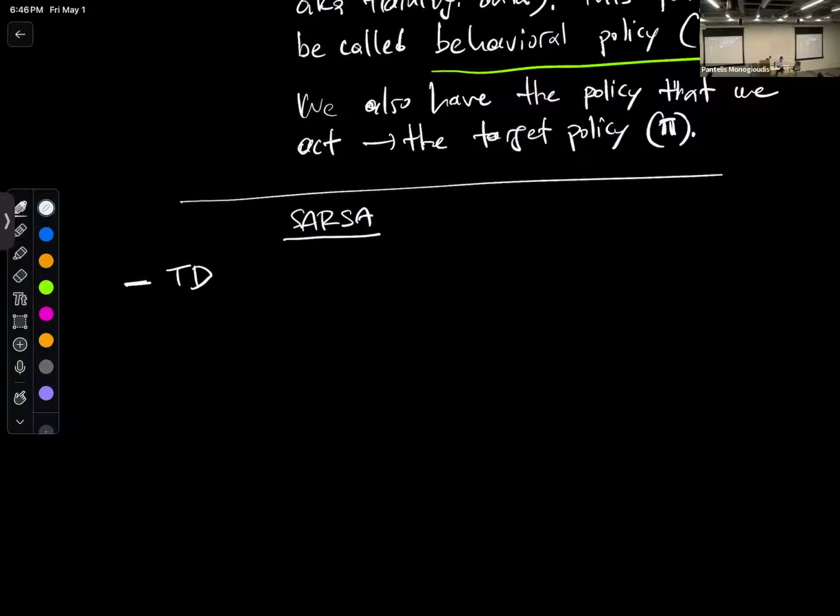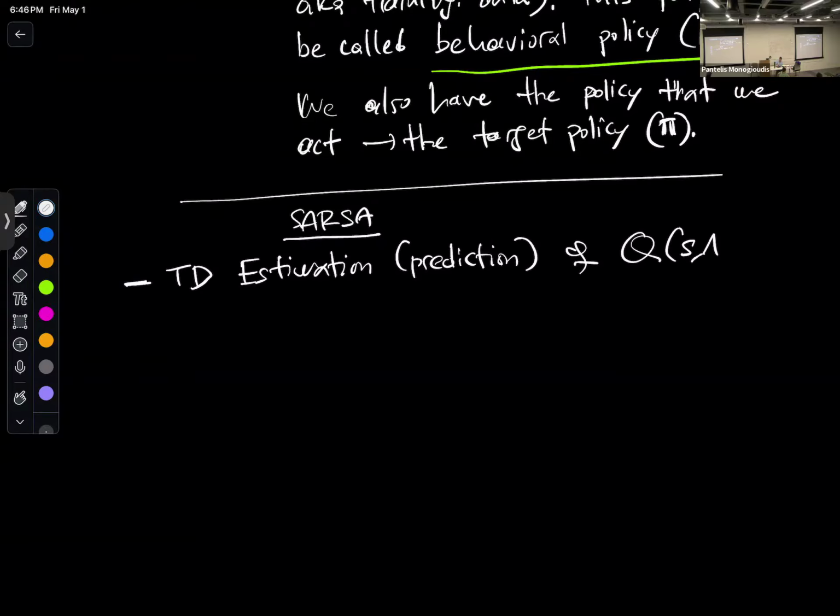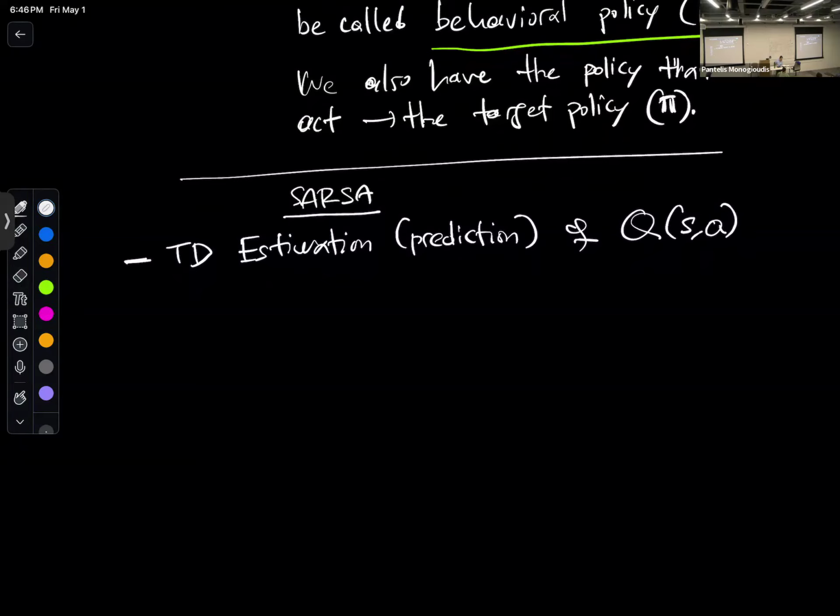This is basically based on a TD estimation, the so-called prediction problem of Q of S comma A, and implements epsilon greedy policy improvement.